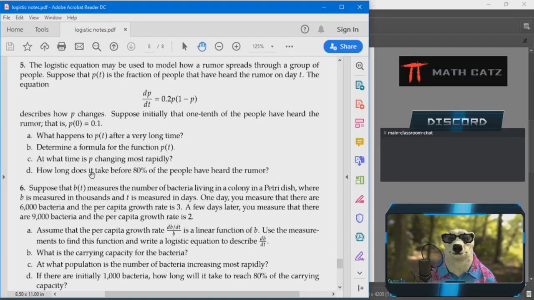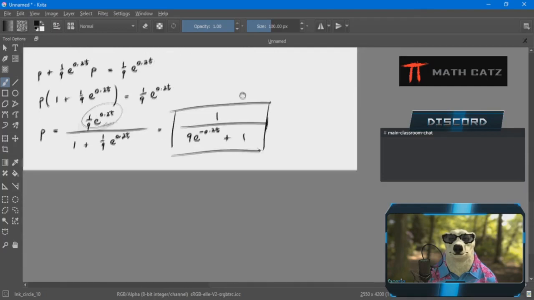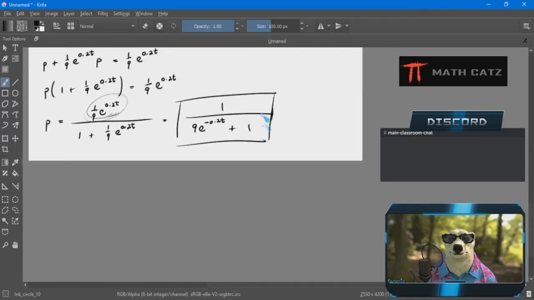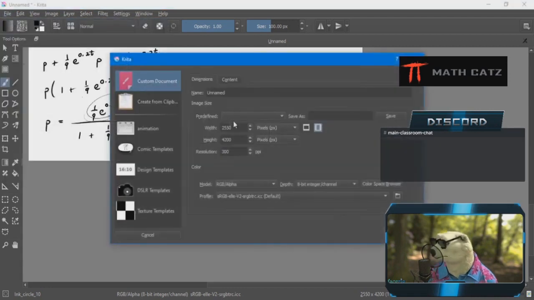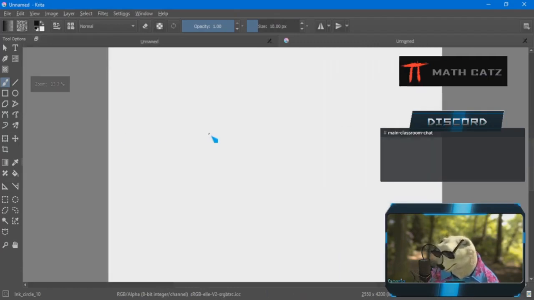How long does it take before 80% of the people have heard the rumor? Well, I have the function. It's not a challenge, is it? It maybe looked like a challenge to get to this function. But now that I have the function, I can answer whatever question you want. So, for example, if I want to know how long it's going to take for 80% of the people to know the rumor, we can do that.